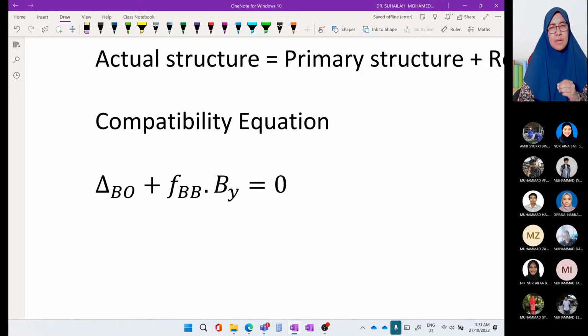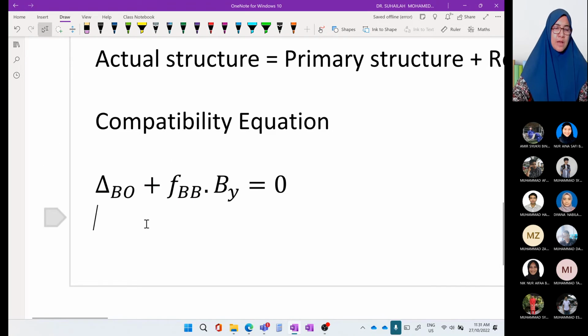These are the two displacements. We identify that delta B naught is in the primary system because of the naught symbol, and FBB is the displacement in the redundant system due to a unit value. We know this because F is the symbol for displacement in the redundant system. Okay, this is the standard form.